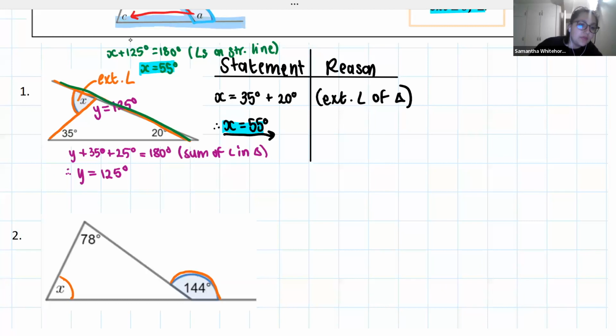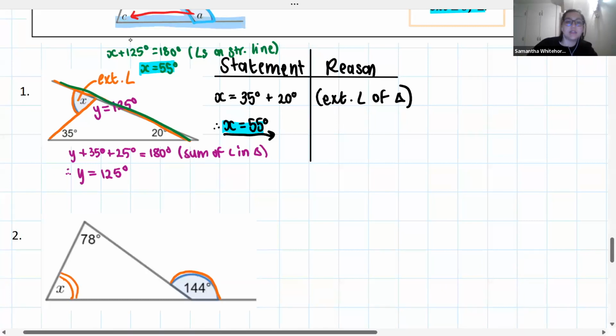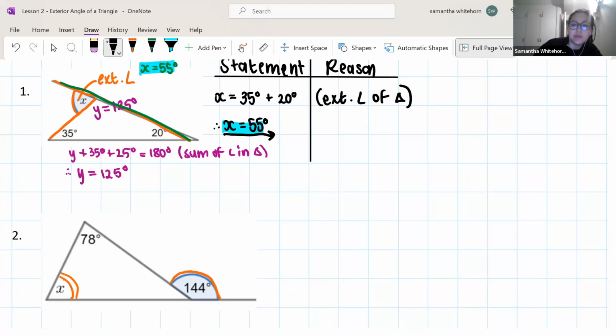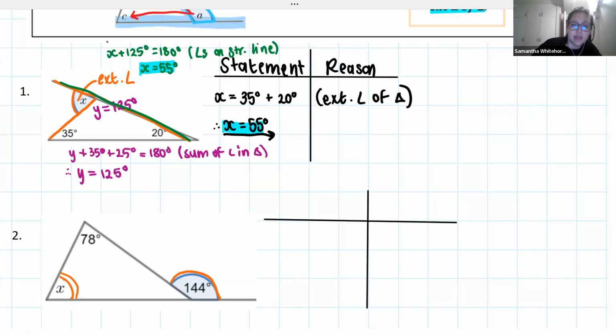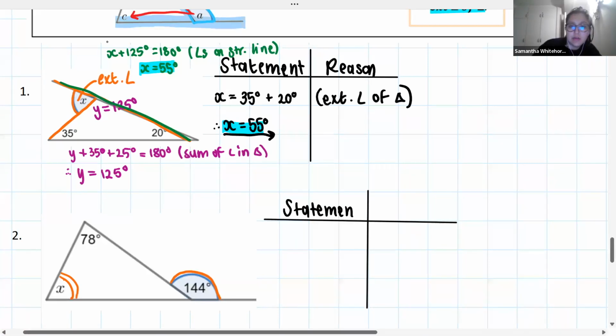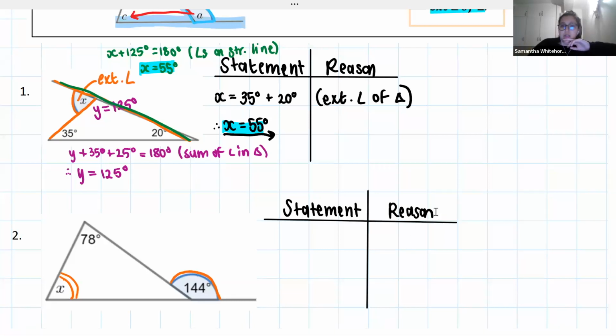What we are looking for is the size of angle X. This isn't hard, but just be very careful about how to set up your equation and how to then solve for X. Okay, so let's give this a try. Remember, in the chat, I want your answer as well as the reason that you used to get that answer. So answer and reason, let's see it on the chat for question 2.